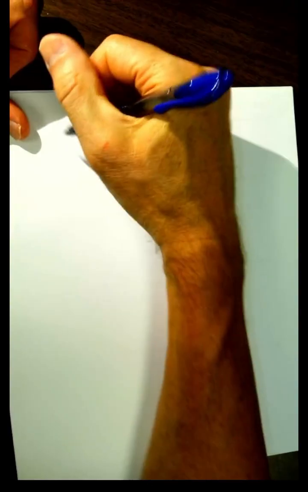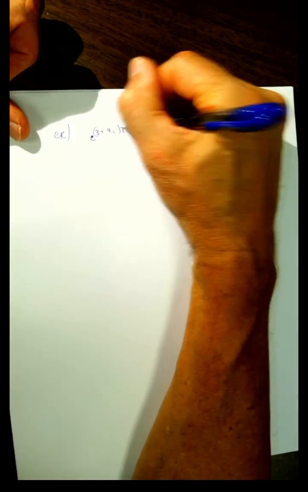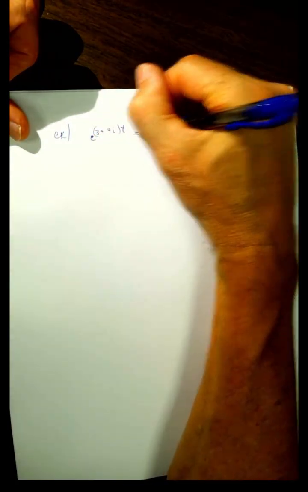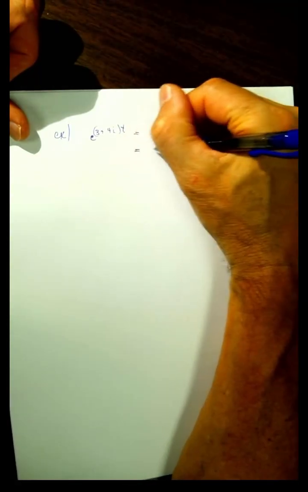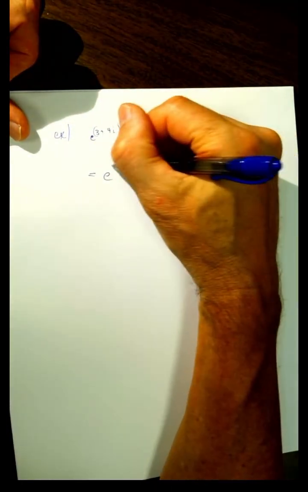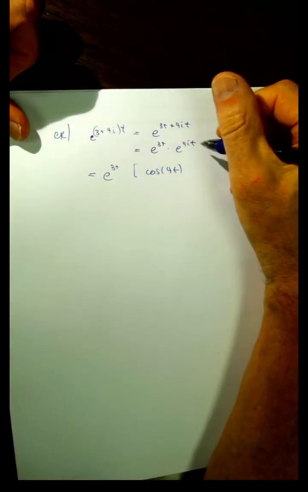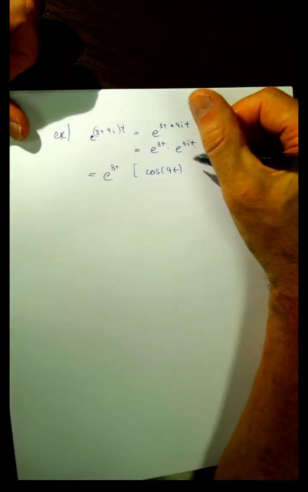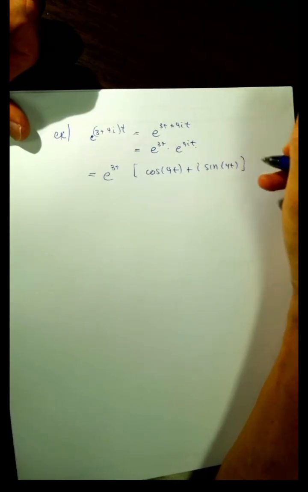Okay, so for example, e to the 3 plus 4i, t, can write this as e to the 3t times e to the 4it, and I can break this up into two pieces. So the imaginary, or the Euler part, looks like cosine of 4t plus i sine of 4t.